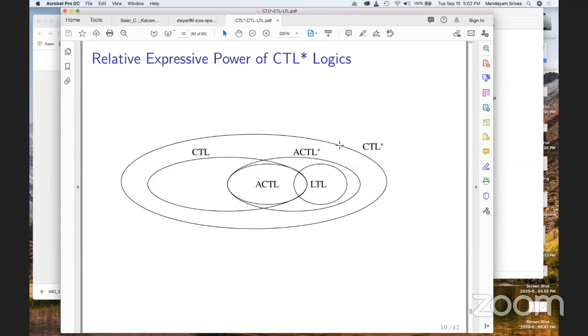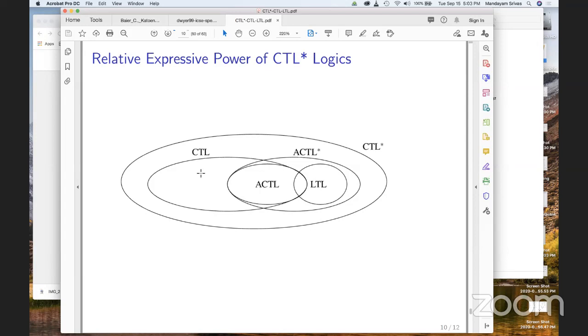So you have CTL star here, which is obviously more expressive than any of its sublogics because it includes both LTL and CTL. But LTL and CTL are sublogics of CTL star, and individually they are not comparable with each other, in the sense that there are some properties that are expressible in CTL but not in LTL and vice versa.